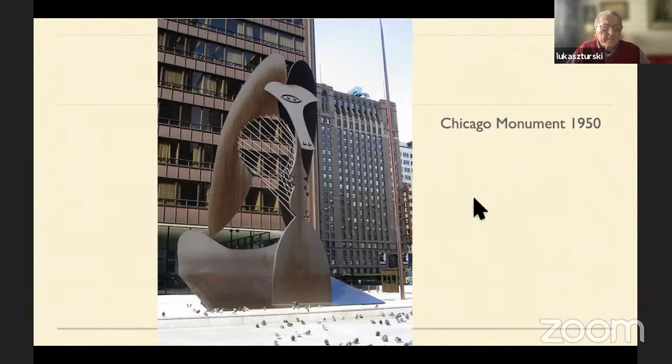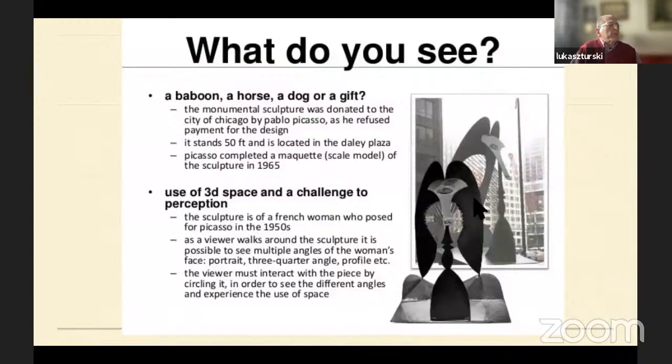And here comes the description. What do you see on it? A baboon, a horse, a dog, or a giraffe. And actually, if you will be there and you want to even get a glimpse and develop your own idea, what is that sculpture all about, you have to walk around it.